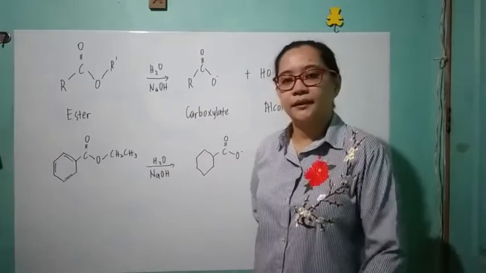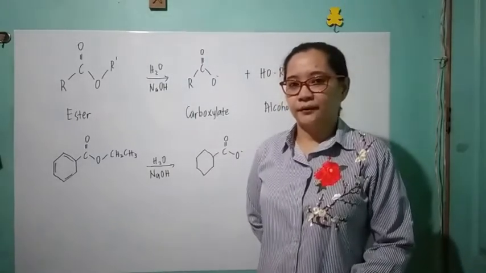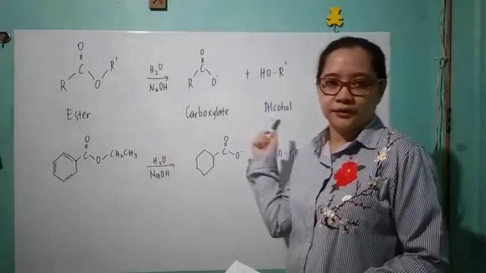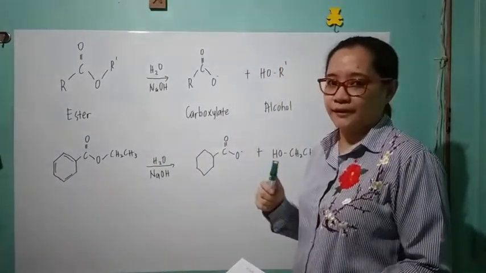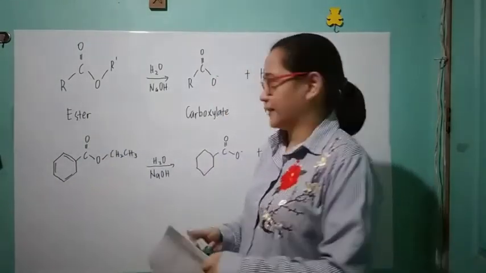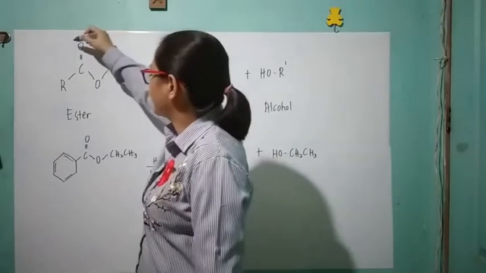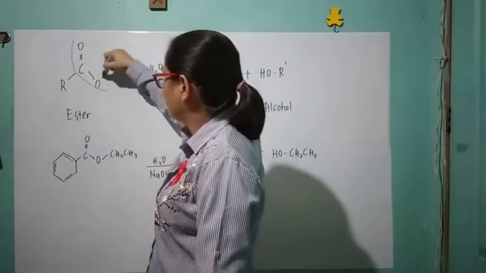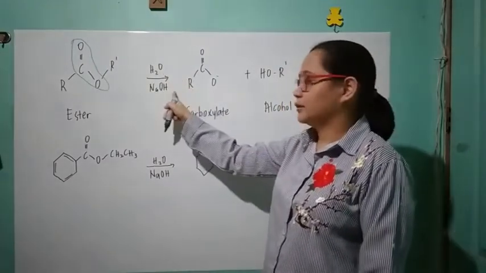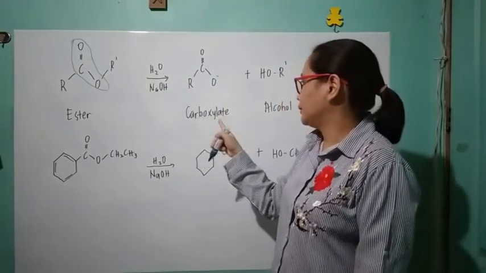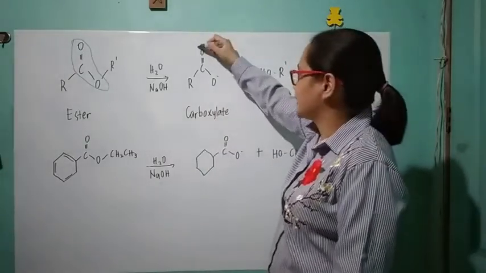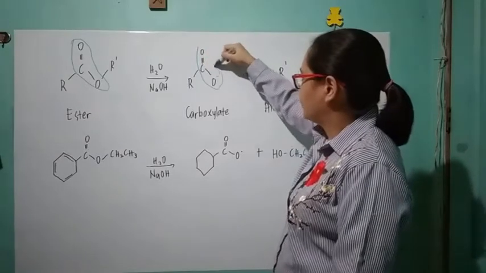So how is saponification of fats related to functional group? As you can see, this is a chemical equation for saponification of fats. You have ester. How do we know that this is an ester? It is because of this functional group. Plus water and sodium hydroxide, you will produce a carboxylate, which is indicated by this group.